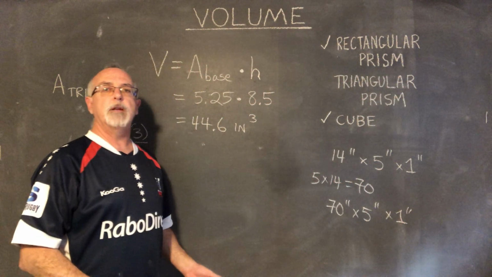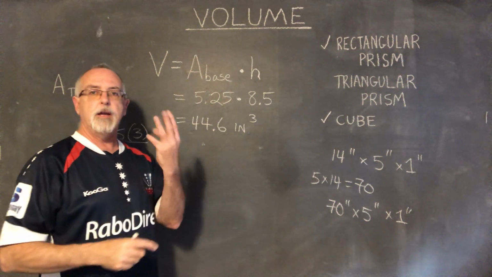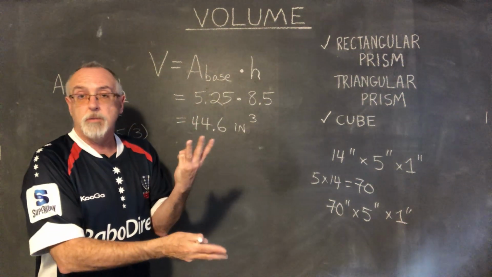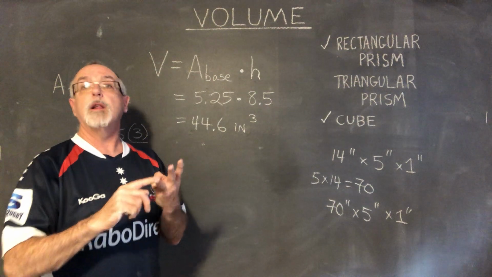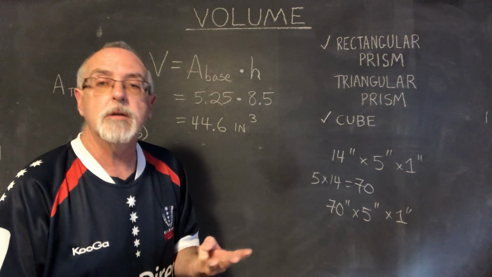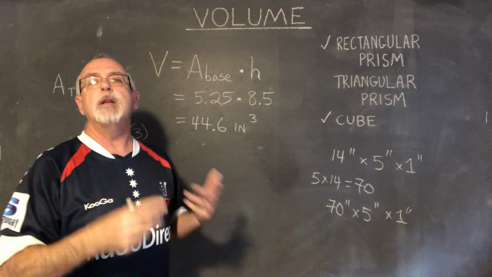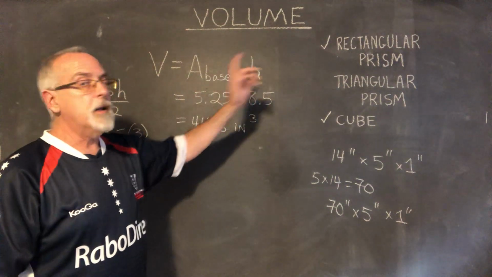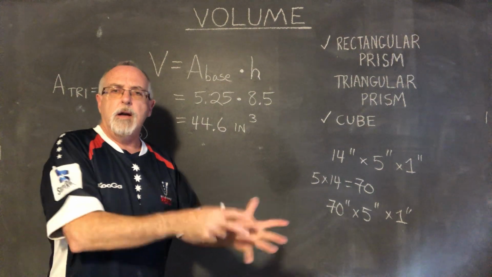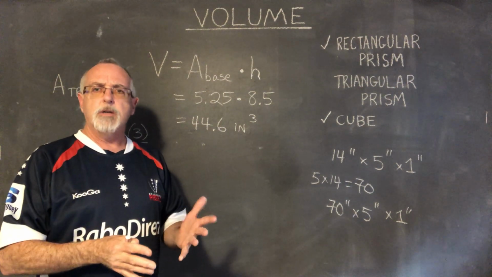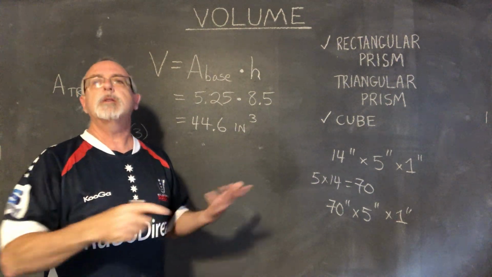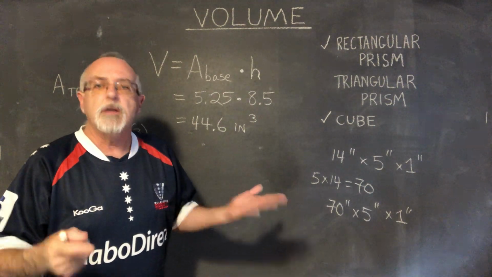With the cube, we mentioned we multiplied 3 things that were all measured in inches, which were the side length. All 3 of them were the same. So the side length times the side length times the side length, inch times inch times inch, you get inches cubed. The rectangular prism was the length, the width, and the height. They were each measured in inches, so you did inches times inches times inches, 3 times inches cubed.